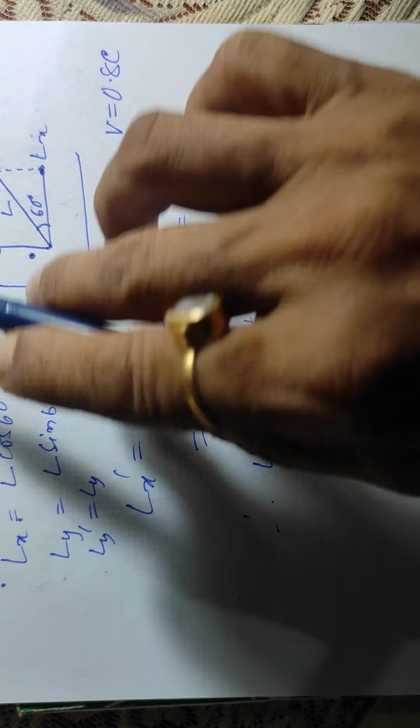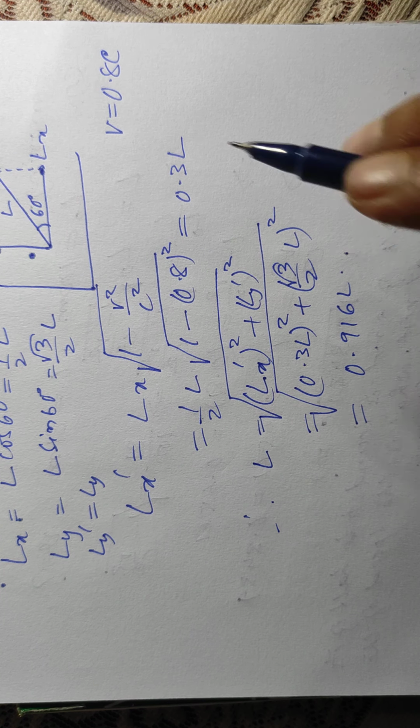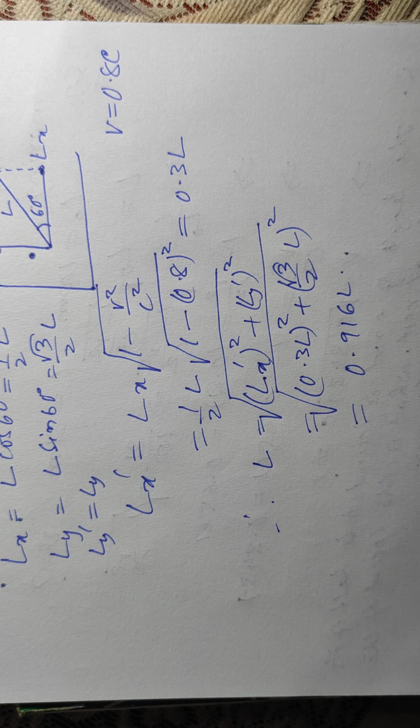Clear? So the rod is in the frame S dash, and the frame S dash is moving with a velocity v whose value is 0.8 c. Clear? And it is moving making an angle 60 degrees to the original length of the rod. So there will be contraction. And what is the percentage contraction of the rod?